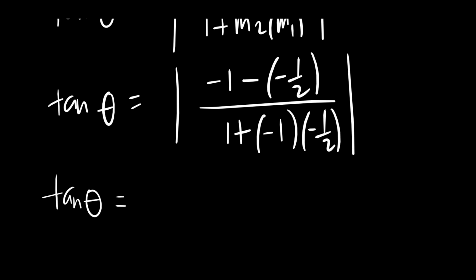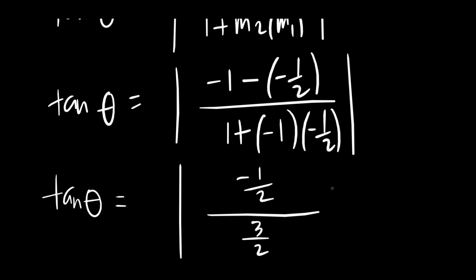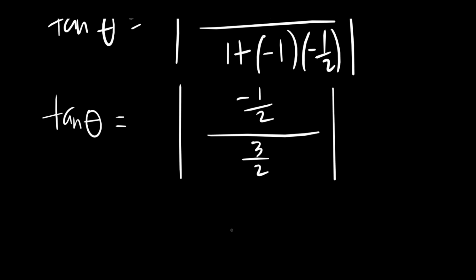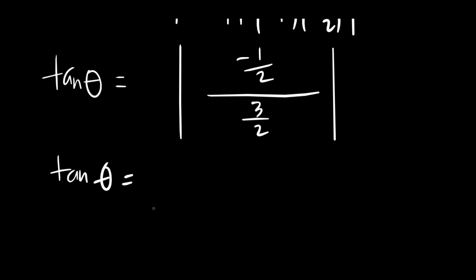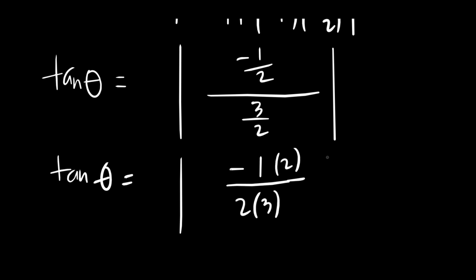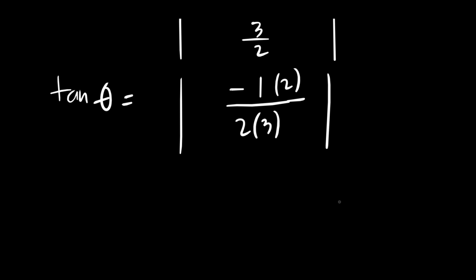Now we use a calculator. Negative 1 plus 1 half is negative 1 half. So we'll have negative 1 half all over 1 plus 1 half, which is 3 halves, right? So we have the absolute value of negative 1 half over 3 halves. Now tan theta is equal to negative 1 all over 2 multiplied by 3 over 2, so we'll cancel 2.